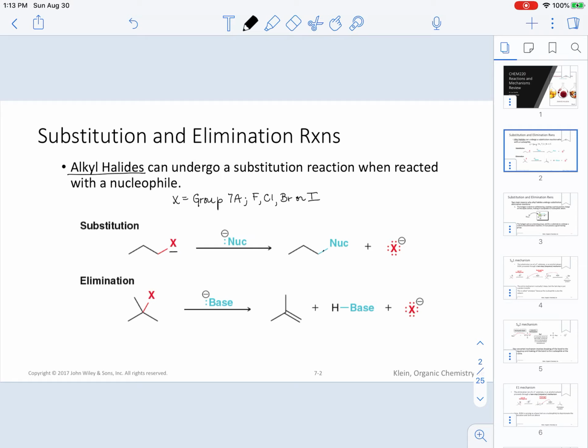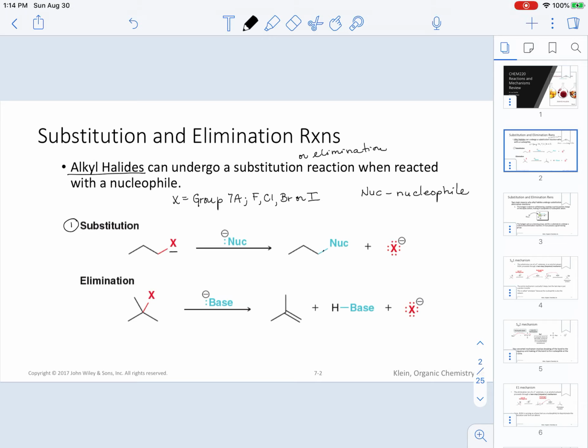Now, these alkyl halides can undergo substitution reactions or eliminations depending on the nucleophile that we reacted with. So, in the case of a substitution reaction, which as you can see, I'm going to label with the number 1, what we are doing is that the nucleophile, which the abbreviation here is NUC, is going to take the place of the halogen, okay?